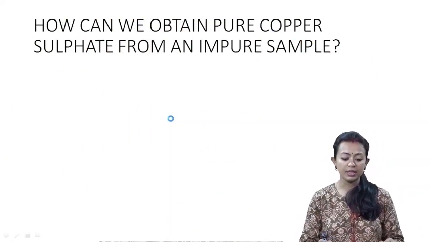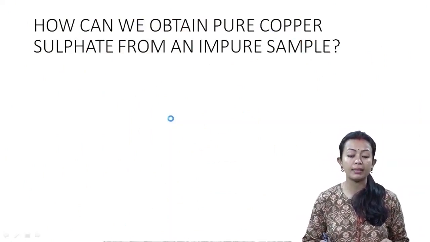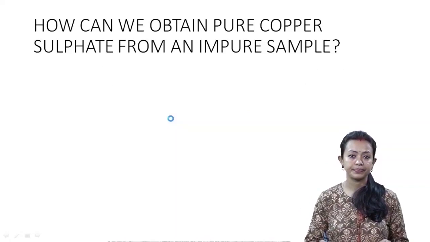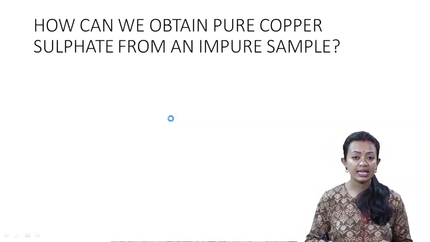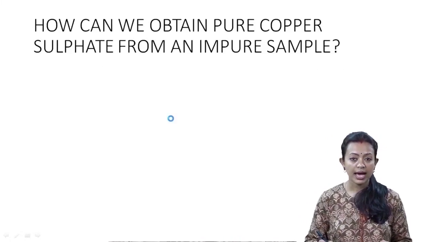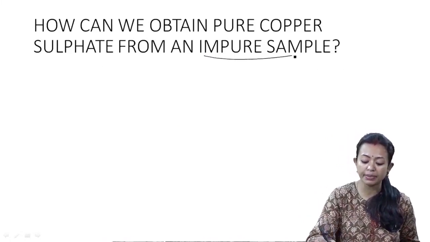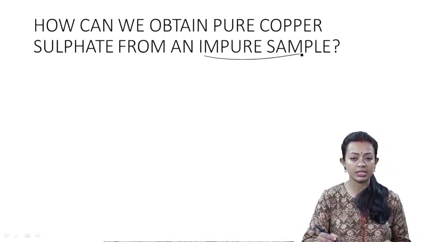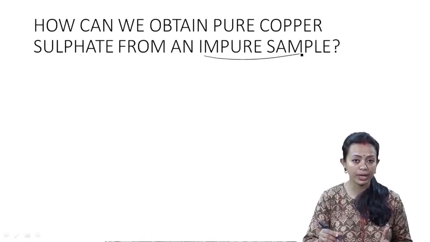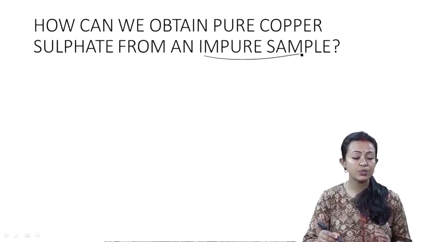How can we obtain pure copper sulfate from an impure sample? Now, copper sulfate is a compound, and here we have an impure sample. Impure sample means it contains certain impurities. As I told you at the very beginning of the chapter, in science we do not have the concept of impurity.